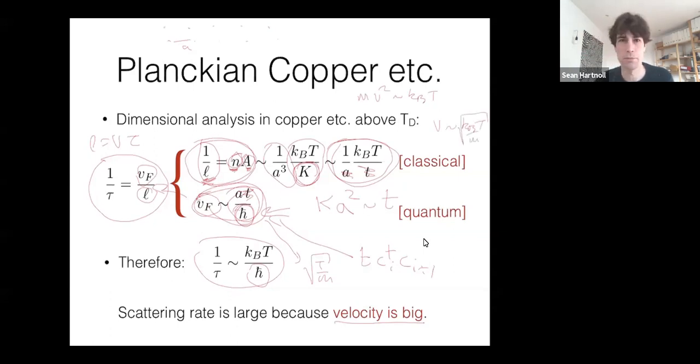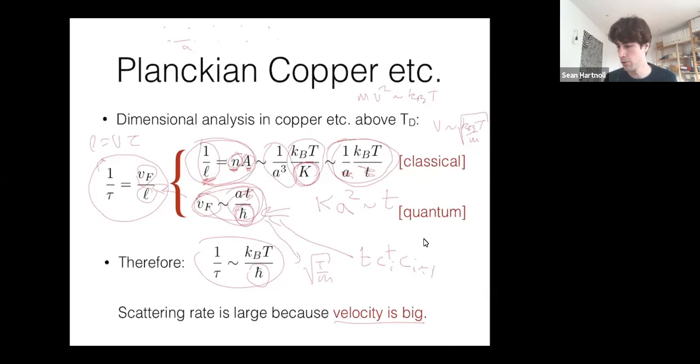So that's a typical classical velocity of a thermally excited particle, and there's no hbar in it. So very good. In fact, you can use this formula.